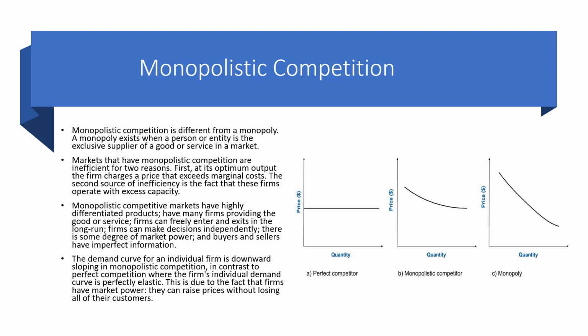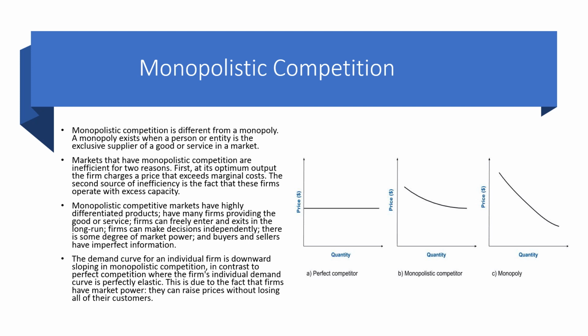And the firms also operate with excess capacity. Monopolistic competitive markets may have highly differentiated products, and there are always a lot of firms in the market.